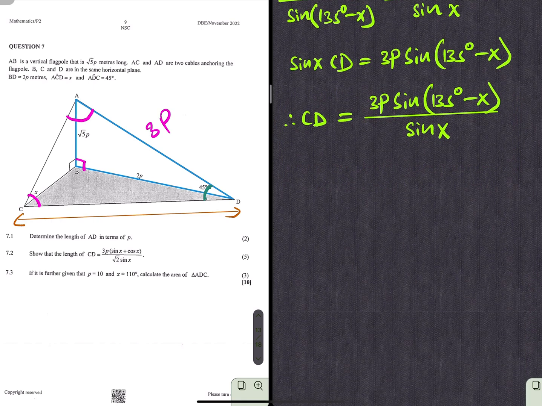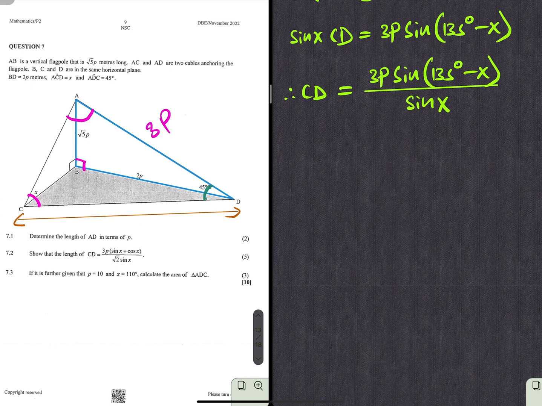Like that. So what I will do is, because I can see that this angle here is primarily a compound angle identity. This is now a grade 12 situation. So I will say that therefore CD will be equal to 3P.